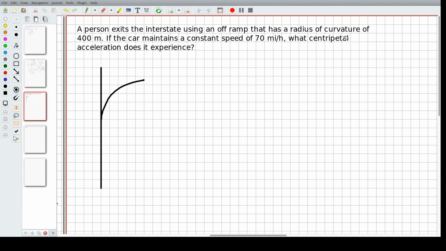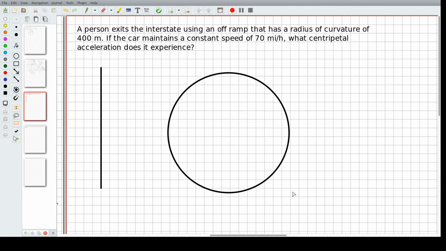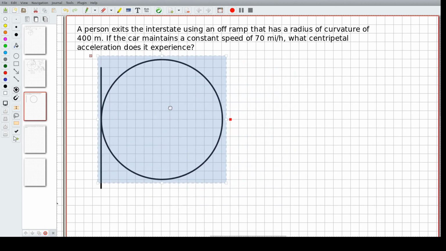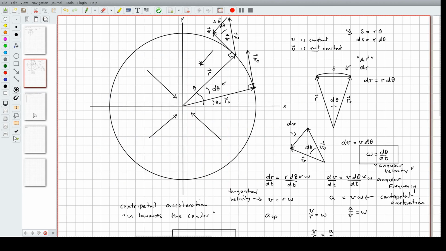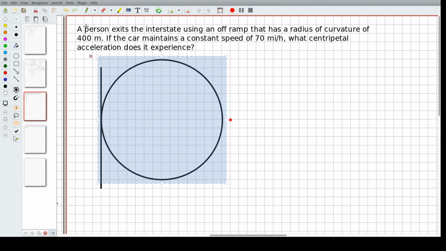So when you say that the off-ramp has a radius of curvature of 400 meters, what that means is that if you were to look at the part that has an arc to it and complete the circle, like this. Now let me get my eraser out here.